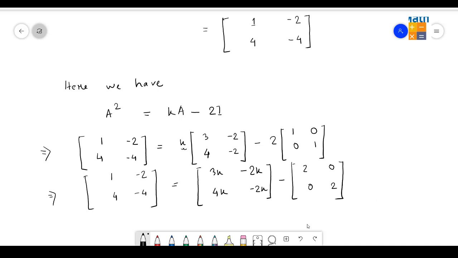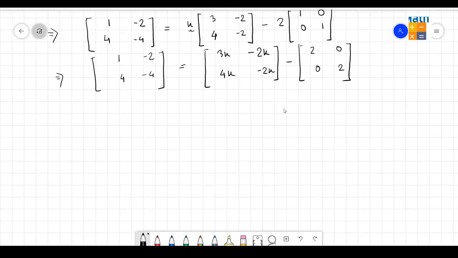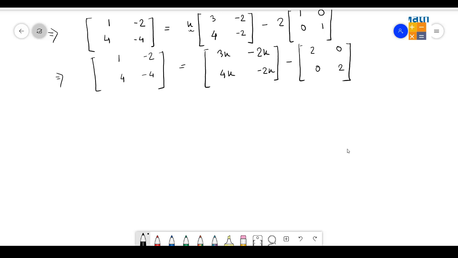After that, coming to the next step, we have to make some simplifications on the right hand side. On the left hand side there is only one matrix. On the right hand side there are two matrices. So we have to combine them into a single matrix by performing subtraction.